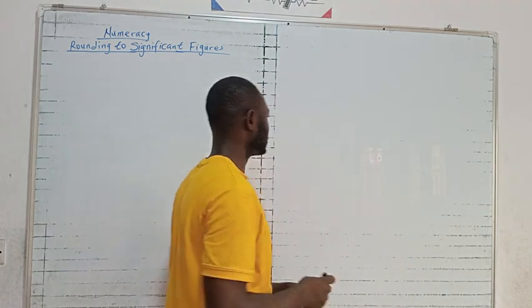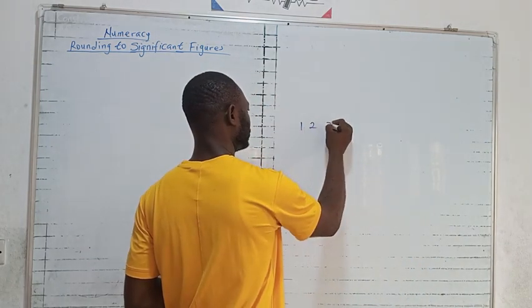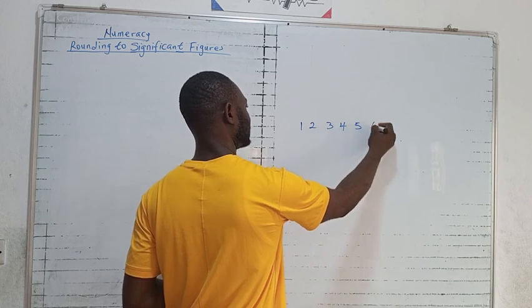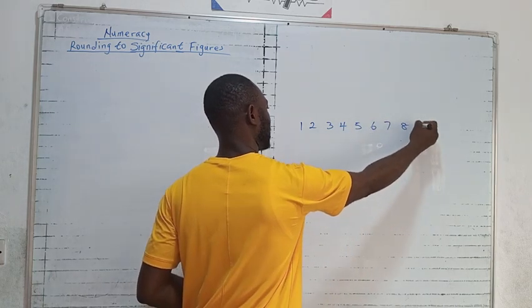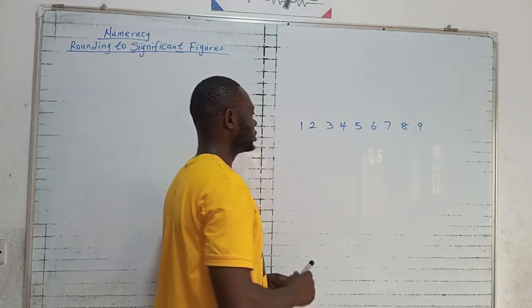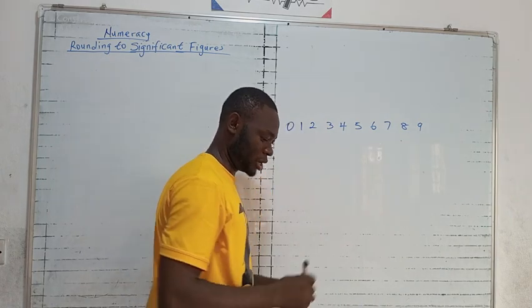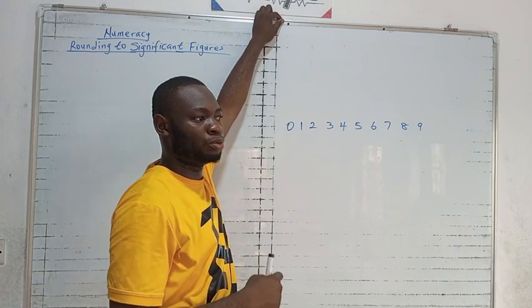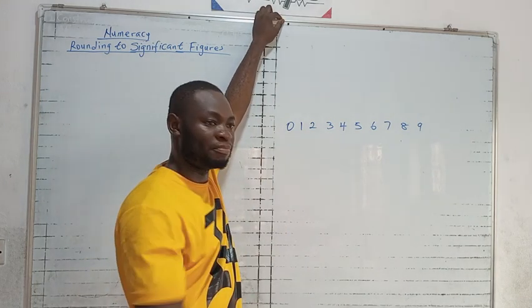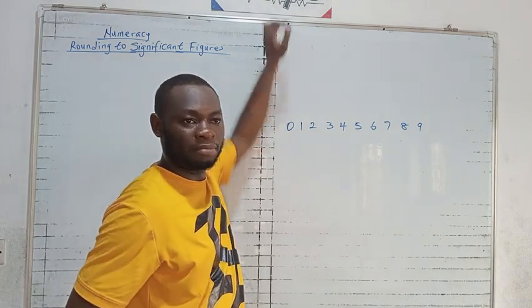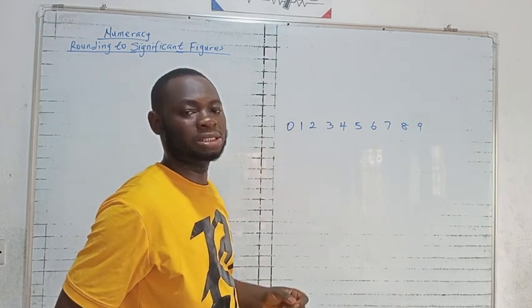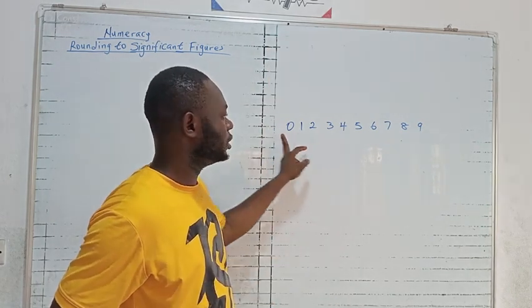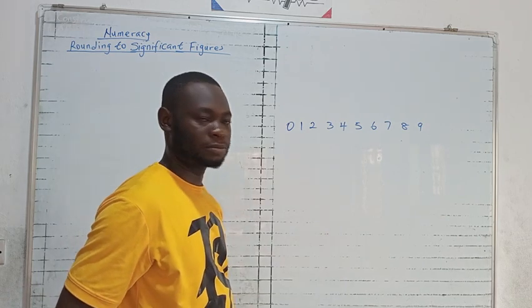Now we have the digits 1, 2, 3, 4, 5, 6, 7, 8, and 9, and then you have 0 somewhere here. This set of digits is what makes up every other number we know.